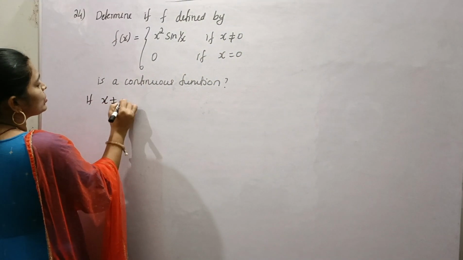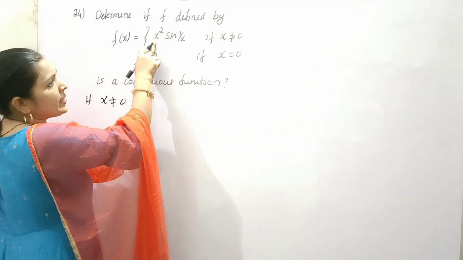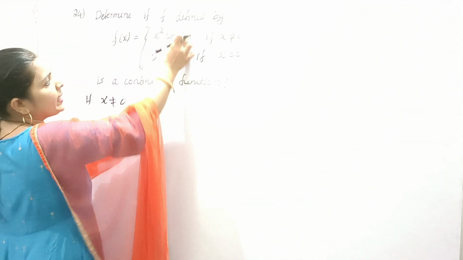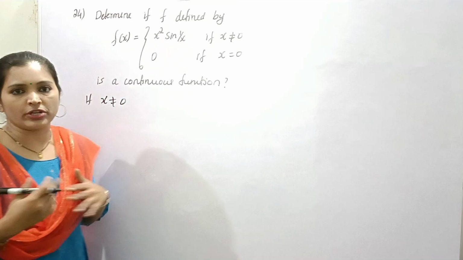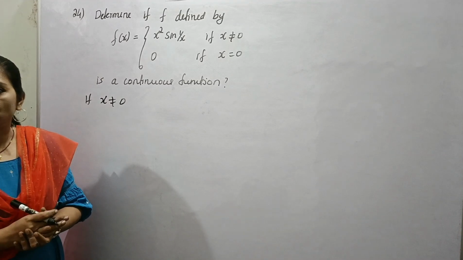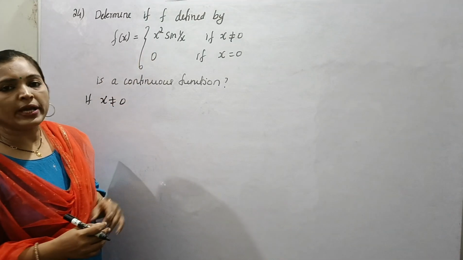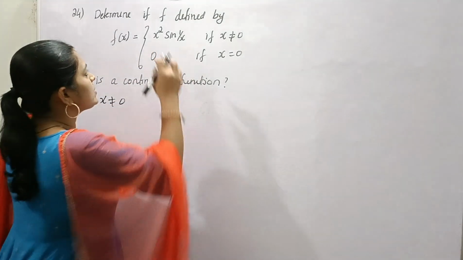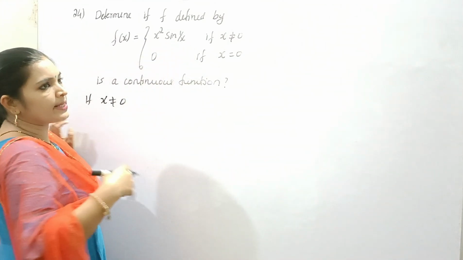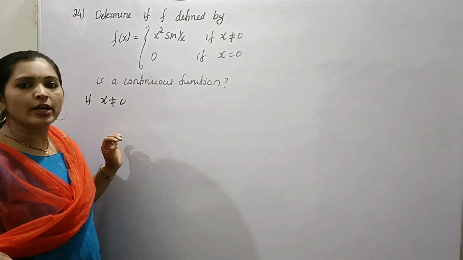we know that x square is a continuous function and sin 1 by x is also a continuous function. Why? Because the sine function is a continuous function, right? So sin 1 by x is also continuous. So x square into sin 1 by x, the product of two continuous functions, is a continuous function.